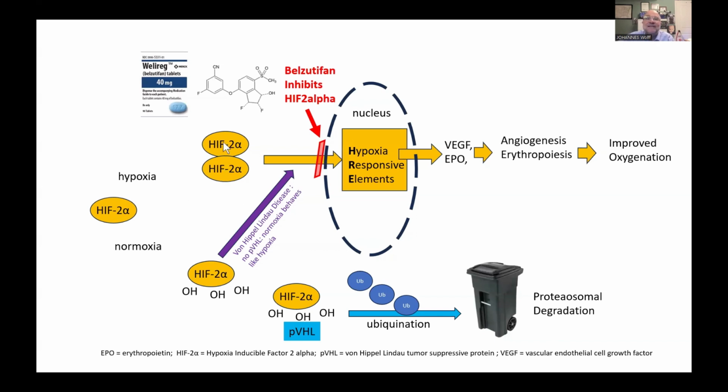And then hopefully this goes away and the cell is in normoxia and HIF2a is degraded. Kidney cancer, renal cell carcinoma, occurs in this disease, and the renal cell cancer apparently likes HIF2a. If you take it away from them by inhibiting it with belzutifan, then these cancer cells die. This is how this whole thing works.